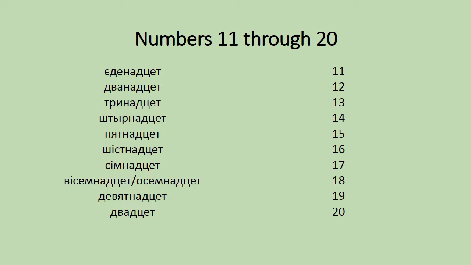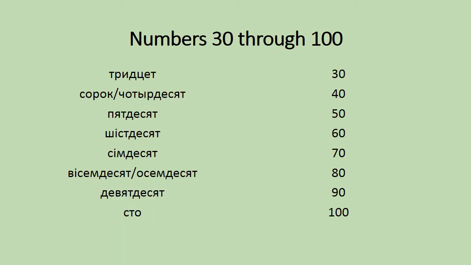Osmnáct means 18. Devětnáct. Devětnáct means 19. Dvacet. Dvacet means 20.